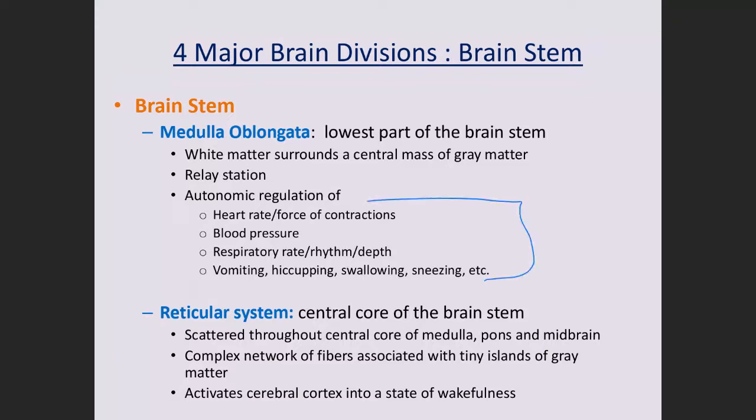So that's going to be in charge here in the medulla oblongata. So it's a very important part of the body. And then you have one last part that's important to know within the brainstem, which is your reticular system. This is basically the central core of the brainstem. It's going to be scattered throughout all three previous parts that I mentioned, so in the medulla, the pons, and in the midbrain. And it's basically going to be the network of fibers that connect everything together.